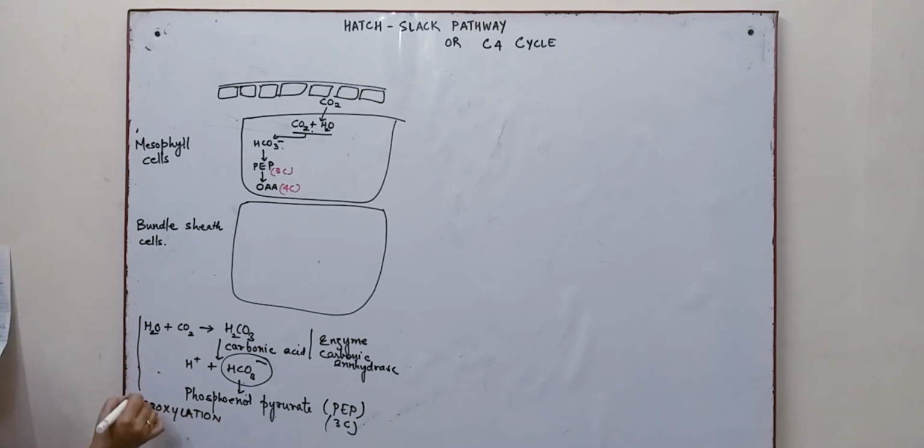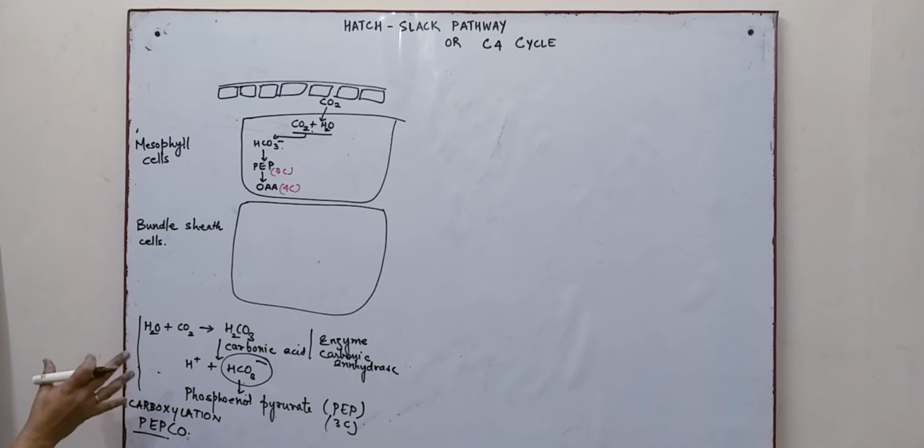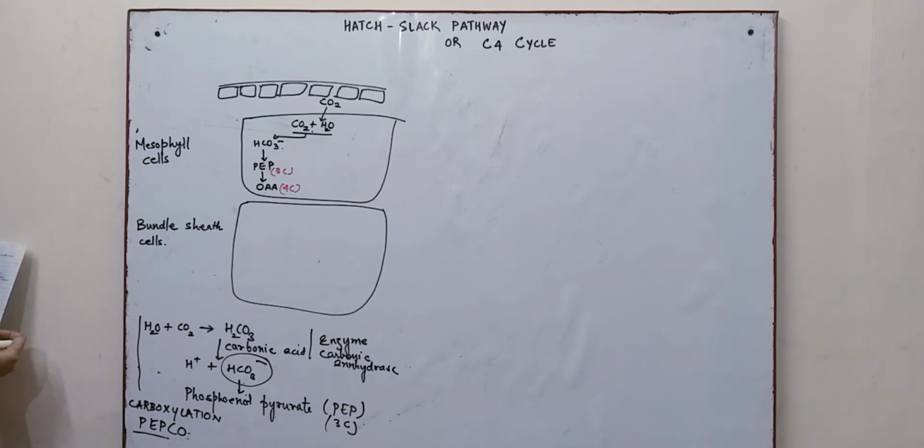Carboxylation is taking place over here, and the enzyme which is responsible is phosphoenol pyruvate carboxylase or PEPcase. In the C3 cycle we talked about Rubisco which is taking part, but here it has changed its nature, and thus PEP carboxylase acts as a carboxylase, whether it is high temperature or low temperature.